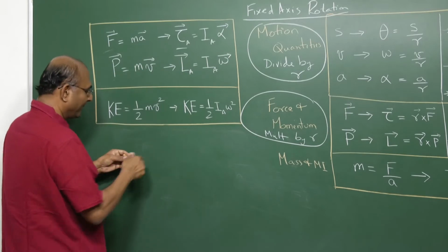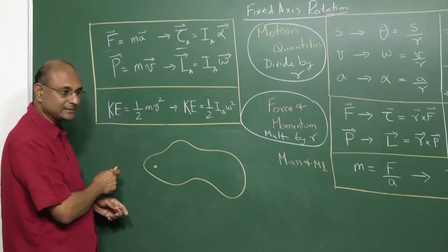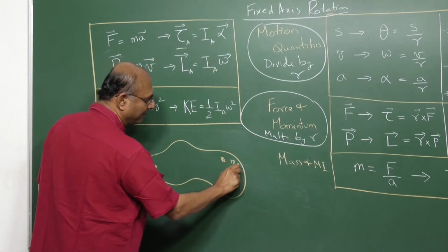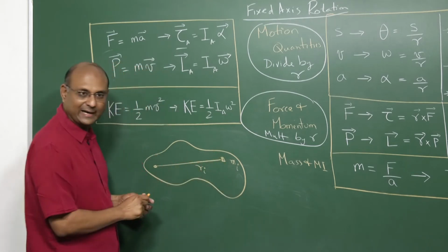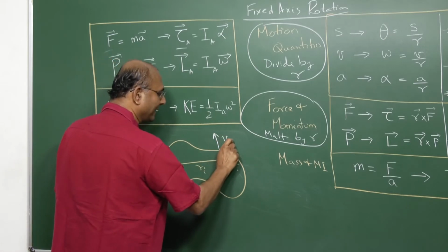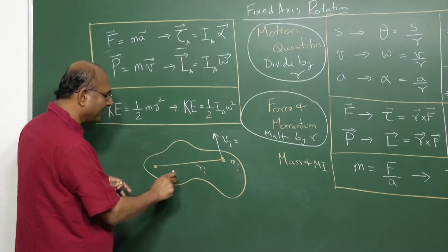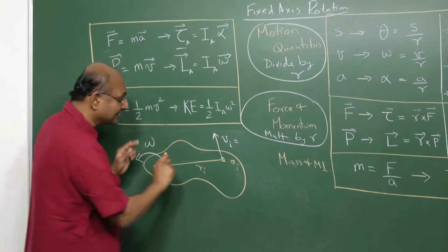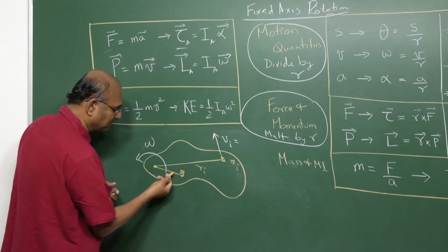Okay? So, for example, if I took an object and say this is my axis, and if you look at a point there, let's call this point mass mi. If I look at this length, let's call it radius ri. It has a velocity like this, vi. Now everything is changing: ri, vi, everything. This particle and that particle are different.